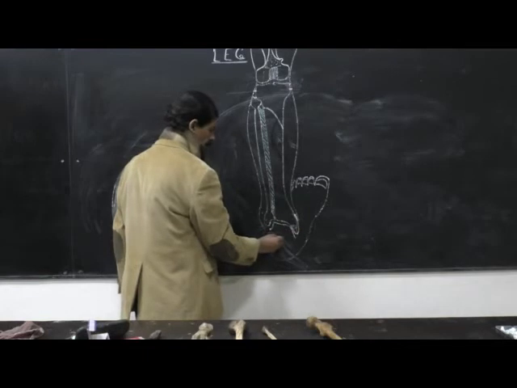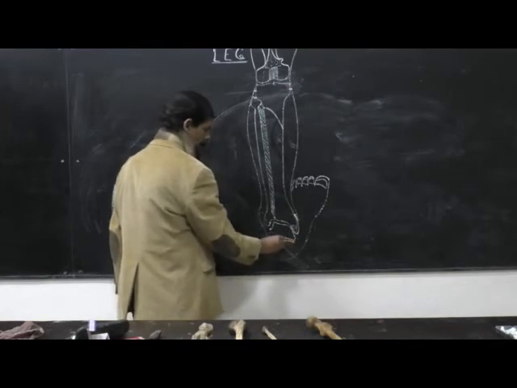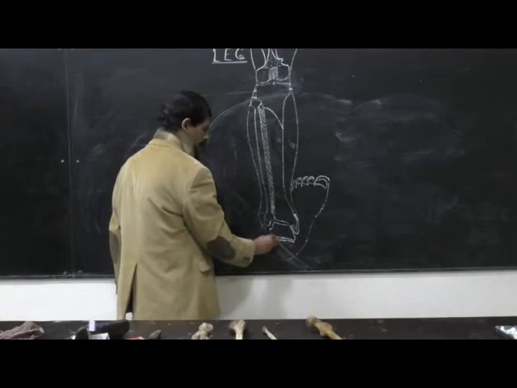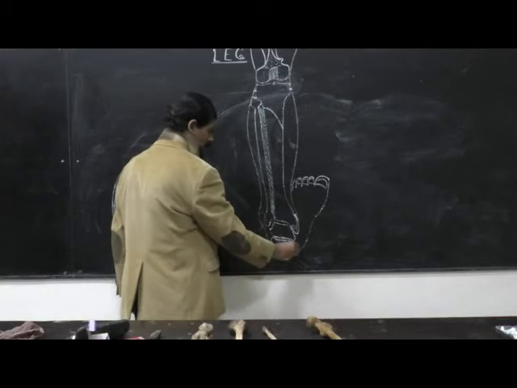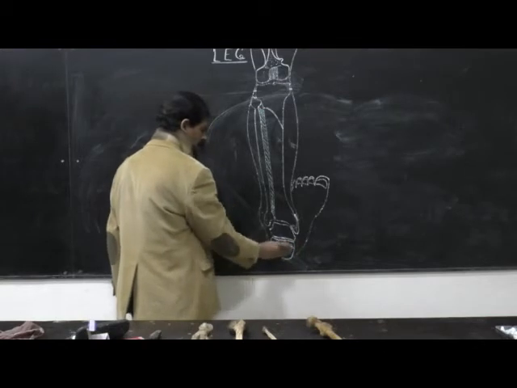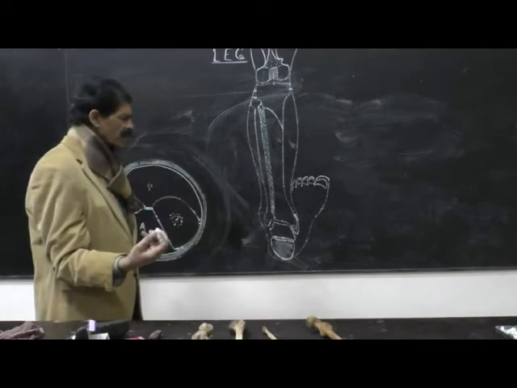And here this talus bone rests on the bone of the heel, that is the calcaneum. The posterior surface of the calcaneum is visible when we are seeing the leg from the posterior aspect.